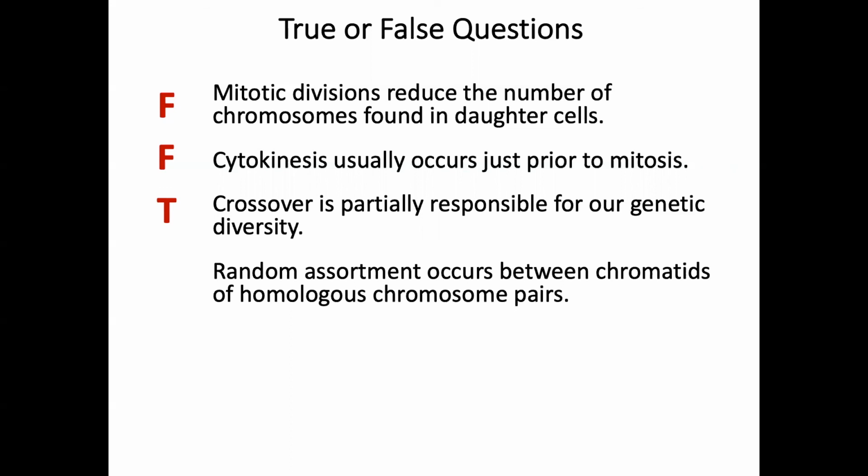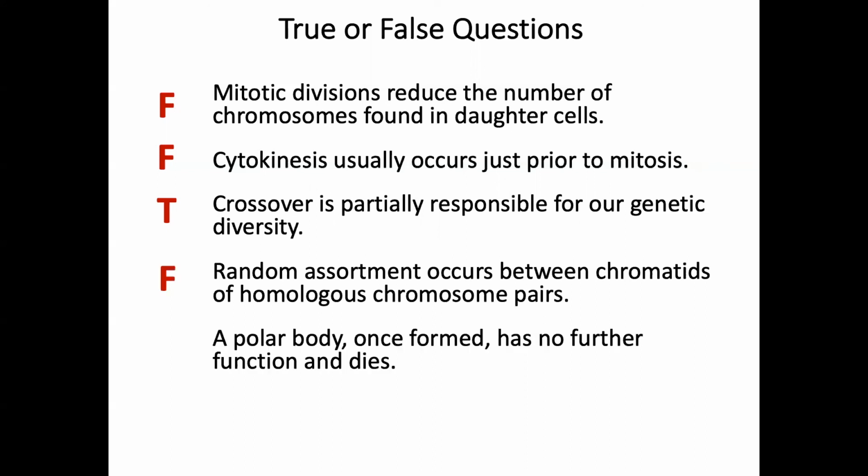The fourth one, random assortment occurs between chromatids of homologous chromosome pairs. True or false? So the answer is false. This is the definition of crossover, not random assortment, okay?